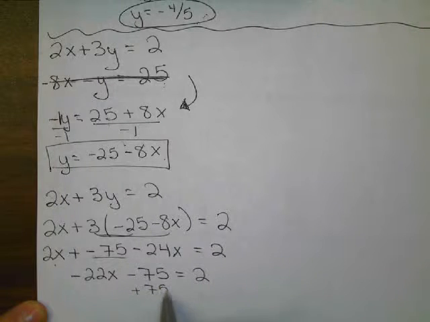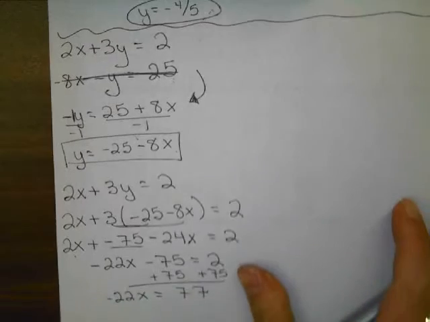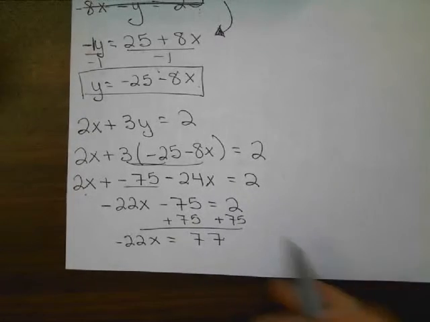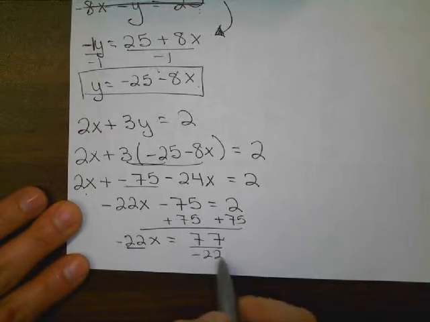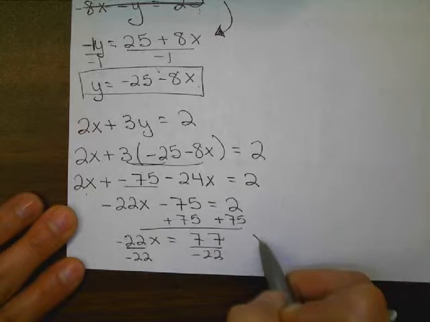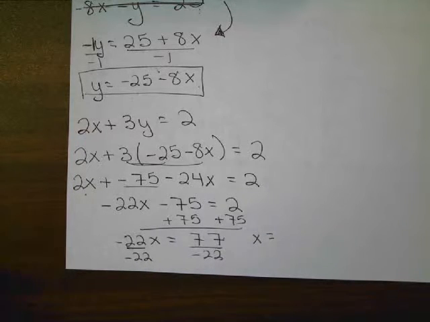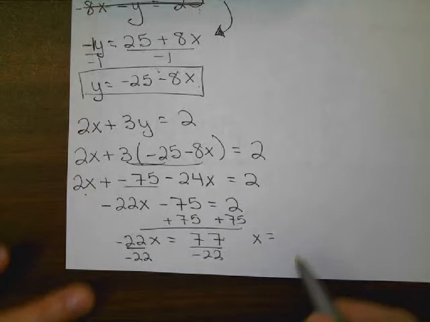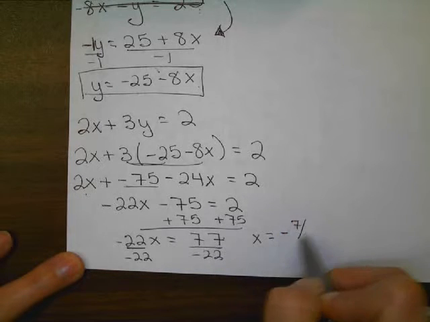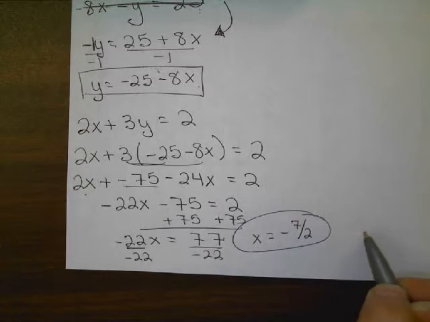Add the 75 over. So I have negative 22x equals 77. And now to get x by itself, I'm going to divide by negative 22 on both sides. And then reduce that. The fraction is going to be 7/2. So x equals negative 7/2.